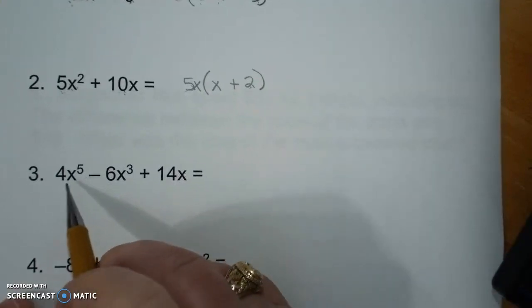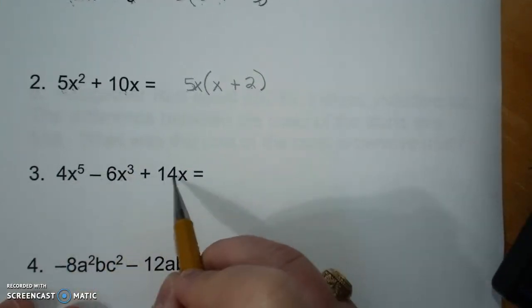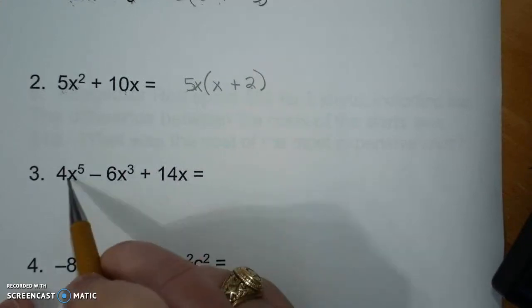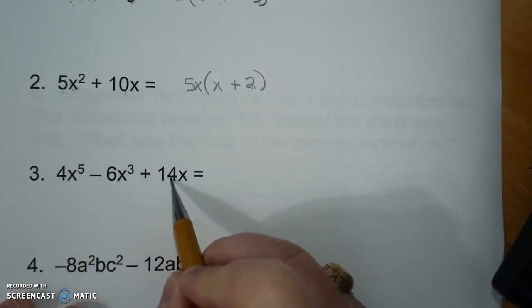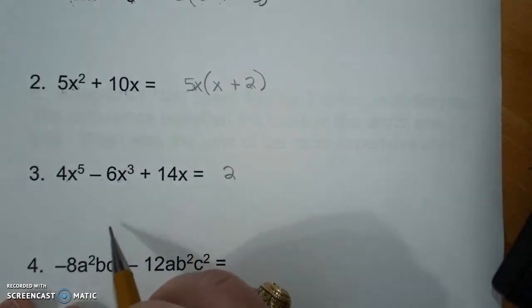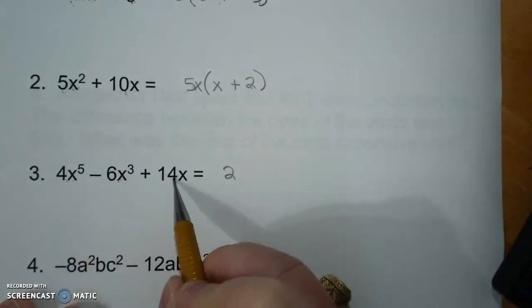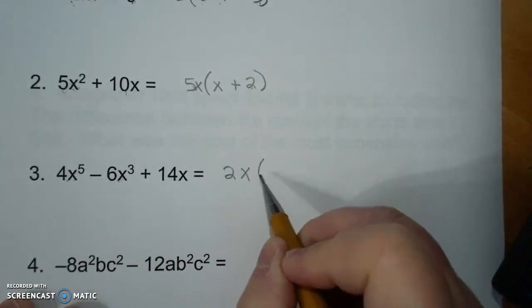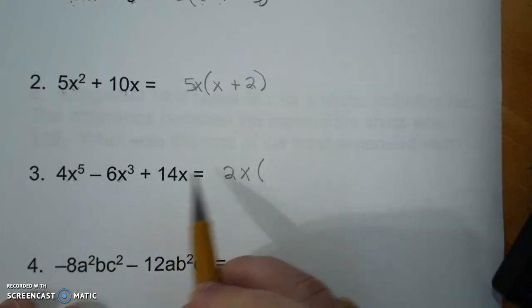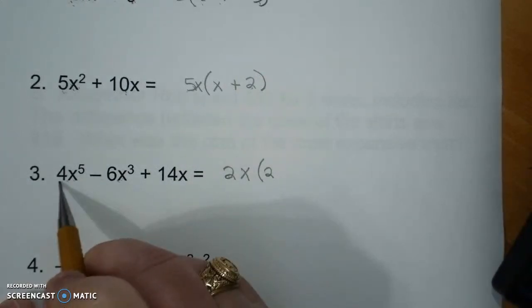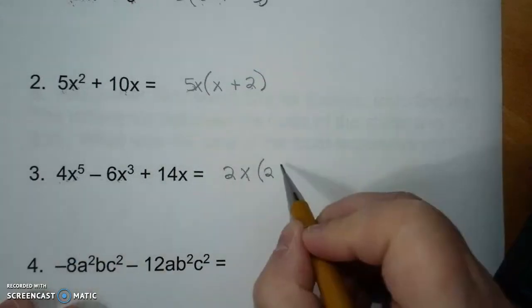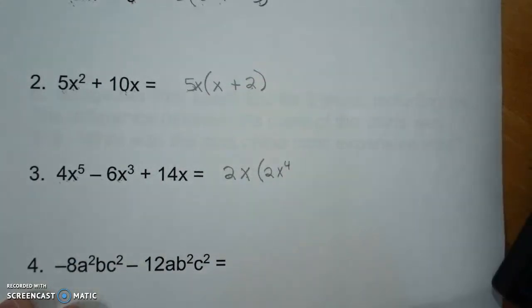I look through here, I have 4, 6, and 14. That's 2s, that's 2 and a 3, 2 and a 7, so only a 2 can come out. There's 5, there's 3, there's 1, only one of them can come out. So 2 times 2 gives me 4. 1 here, 5 here, leaves me with 4 of them.